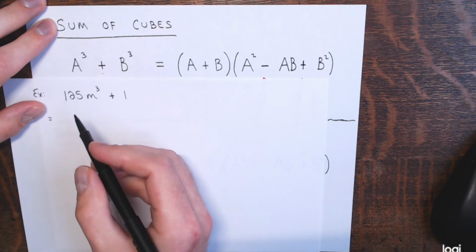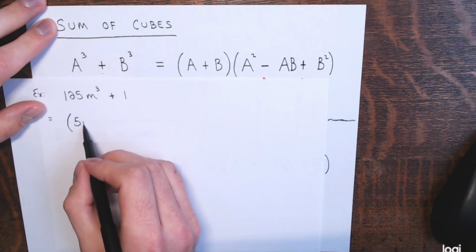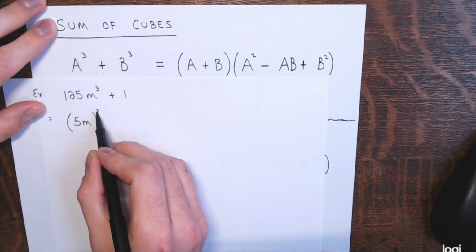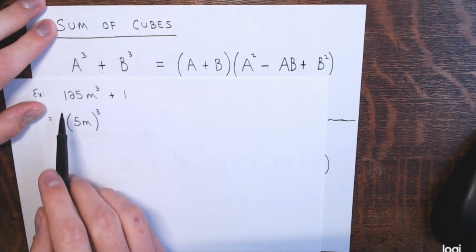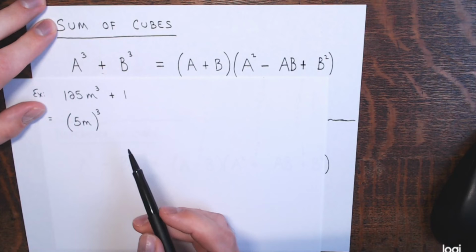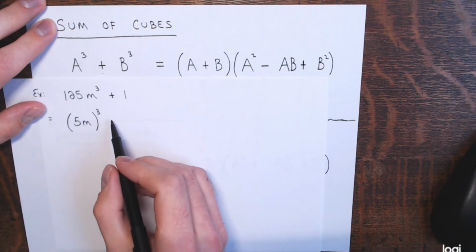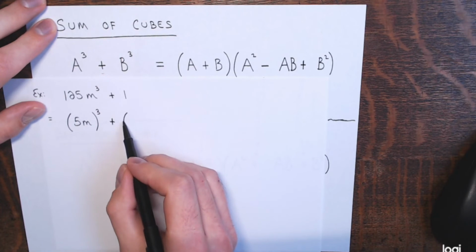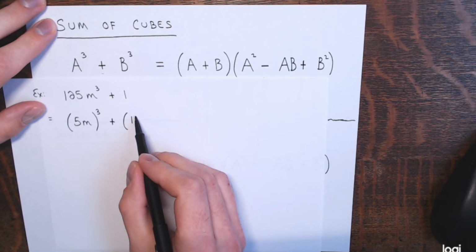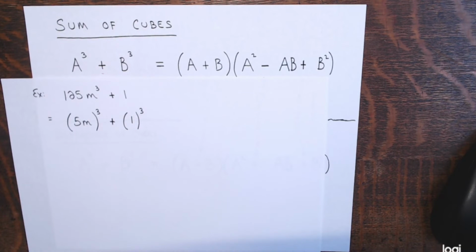So I can rewrite this first term as 5m to the third power. 5m times 5m times 5m is 125m cubed. So there's a cube, something all to the third power. Plus, and then 1 is obviously a cube. It's 1 cubed. So I do have a sum of cubes here.